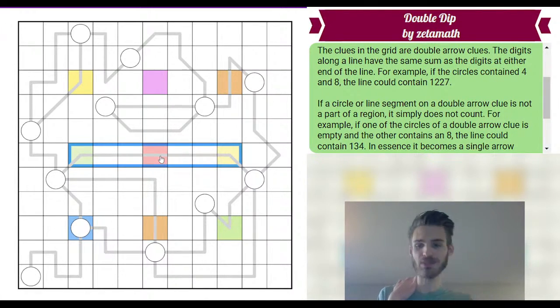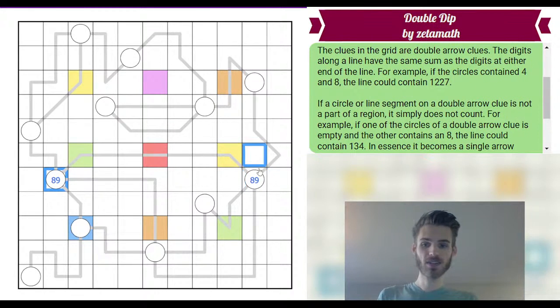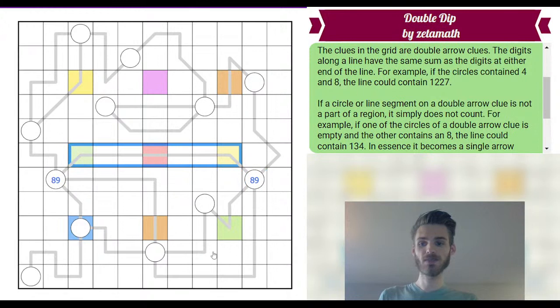And 28 is definitely not the largest you can get in 2 cells. The largest you can get in 2 cells is 8 and 9. But these 2 cells add up to the same as these 7 cells. So something needs to give.